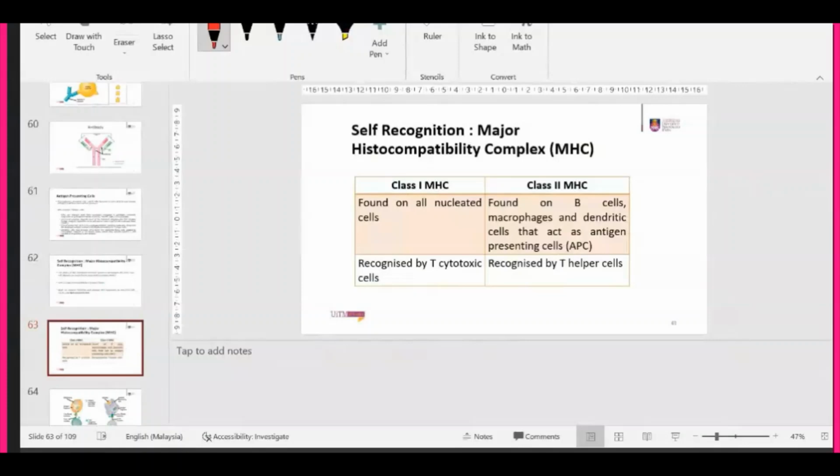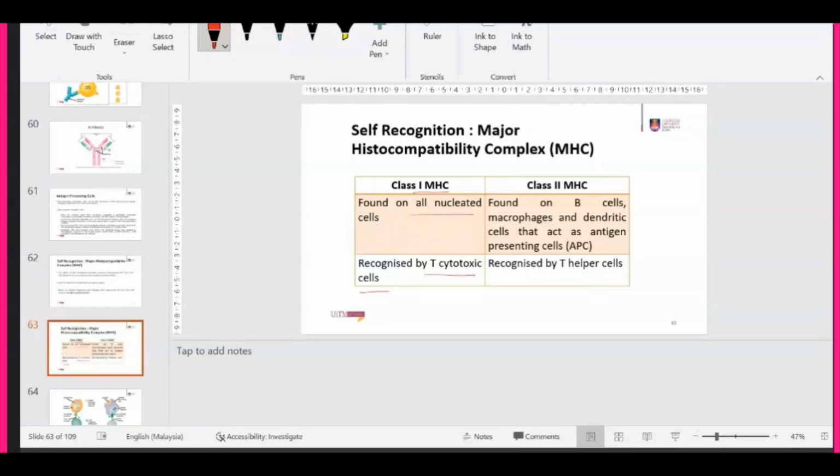Okay. So kalau tengok dekat awak punya notes ni, kita ada dua jenis MHC. Class 1 MHC and also class 2 MHC. So these MHC are proteins produced by the host cell. Kalau class 1, okay, class 1 MHC, it is produced by all nucleated cell and it is recognized by cytotoxic T cell. Okay, so maksudnya if your body is infected by the virus, the fragments of the virus or the pathogen will be presented on the surface of the infected cell.